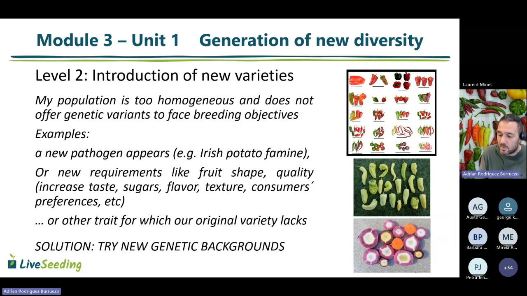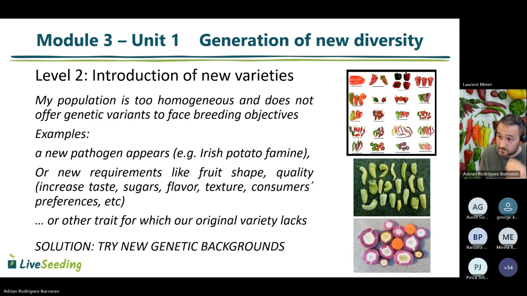Or we have no variation within my variety, or the materials I'm managing, or despite it being a bit heterogeneous, it is not heterogeneous enough to find variants which satisfy my breeding objectives. Okay, it's a limited diversity.